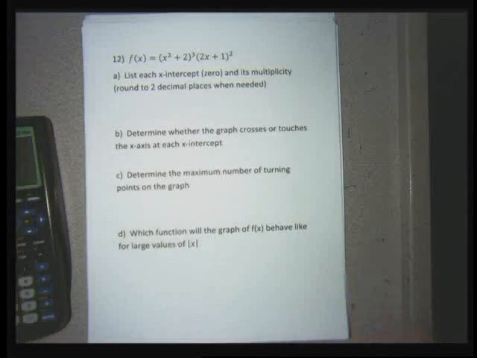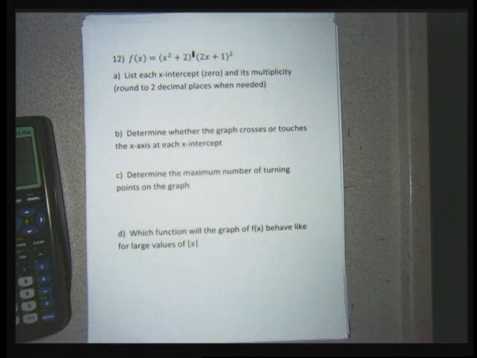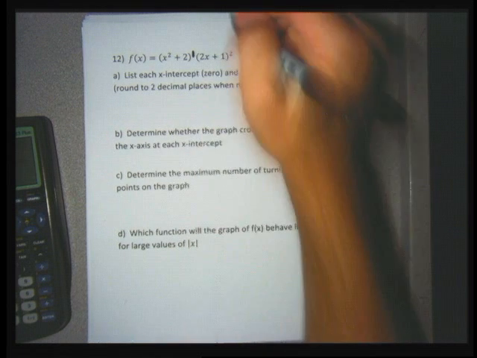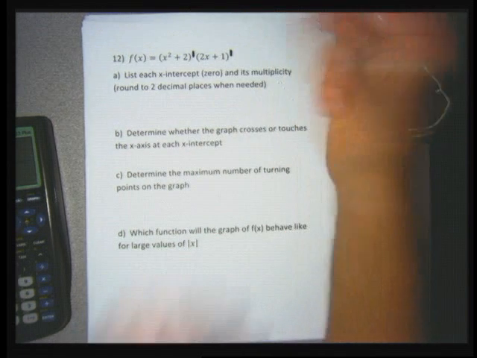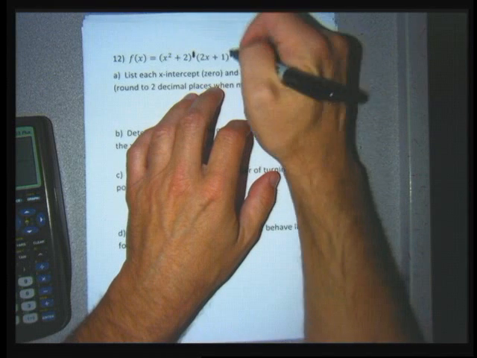Sorry about that. Again, let me tweak this down. Let me make this x squared plus 2 to the first power. And what the heck, I'll make this 2x plus 1 to the first power. I like the squares, okay.